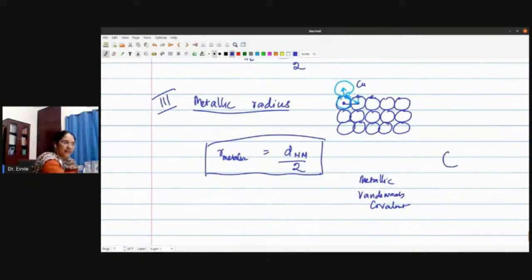Metallic radius is basically like this. Can anyone answer?